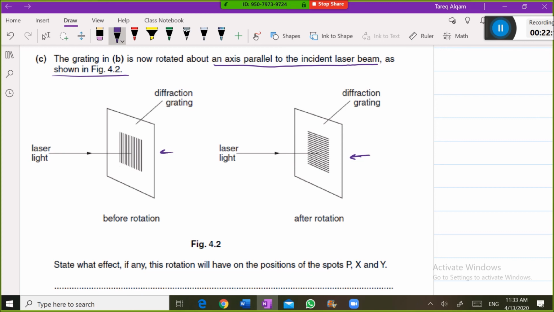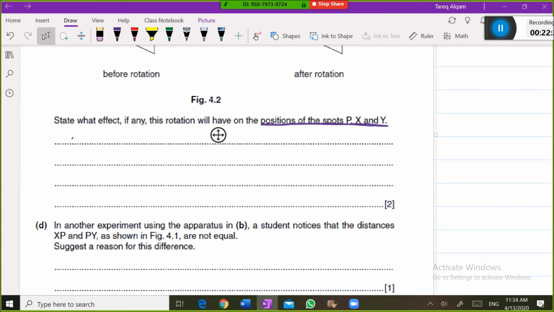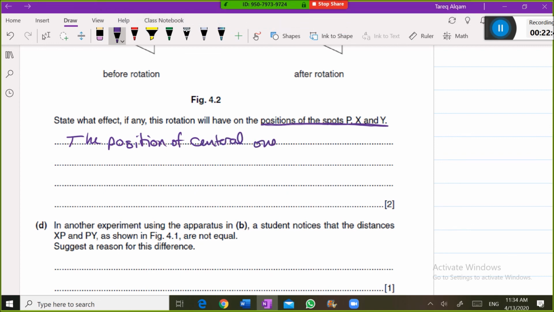Now they are horizontal. State what effect, if any, this rotation will have on the position of the central one, P. It stays the same, guys. It does not change.